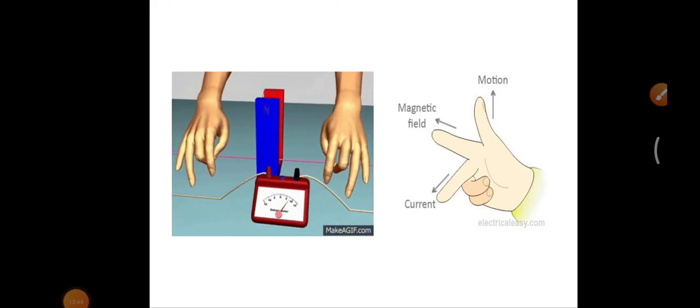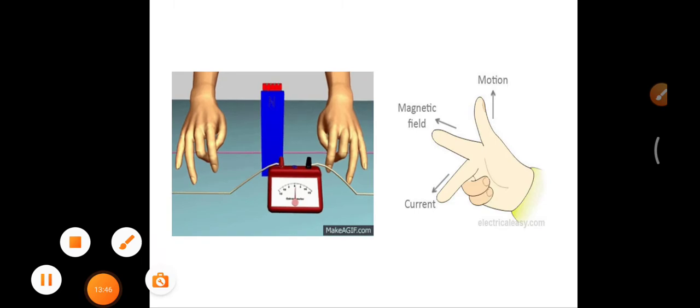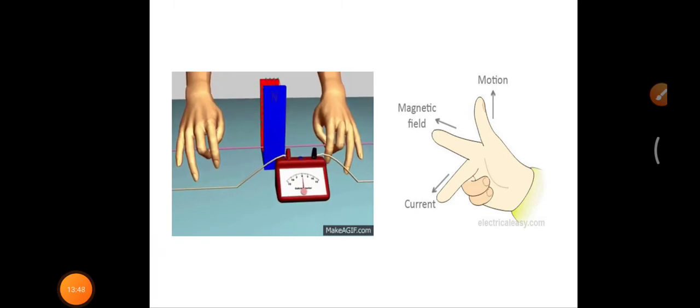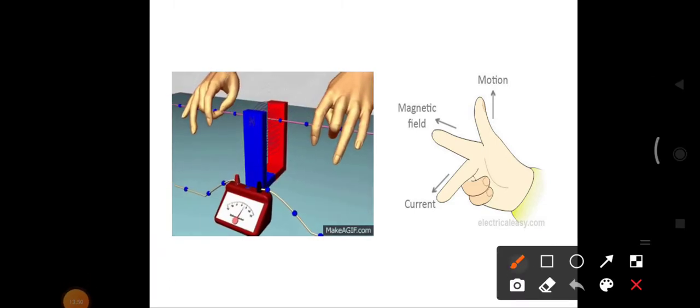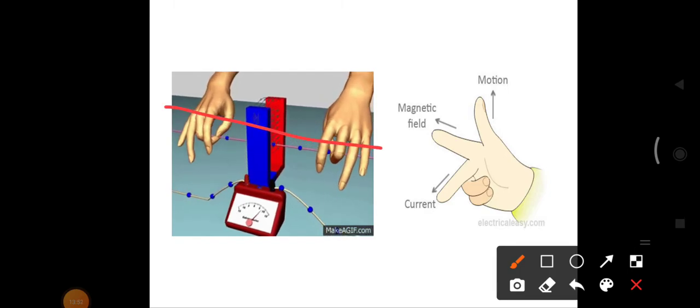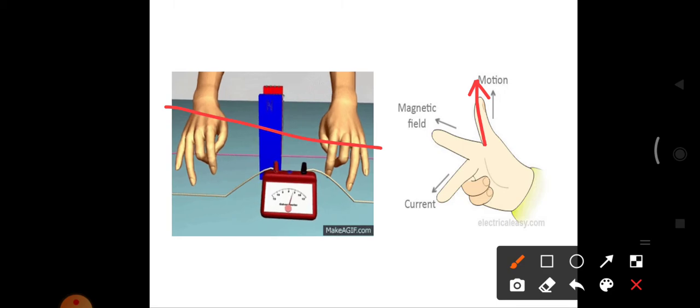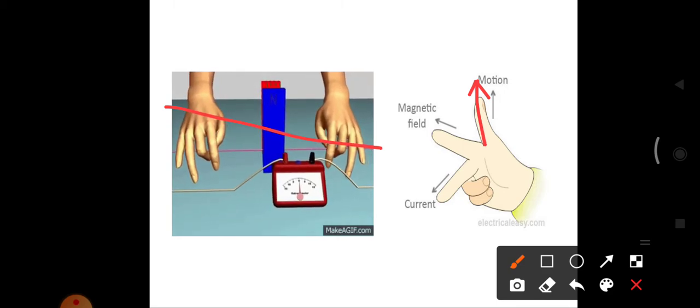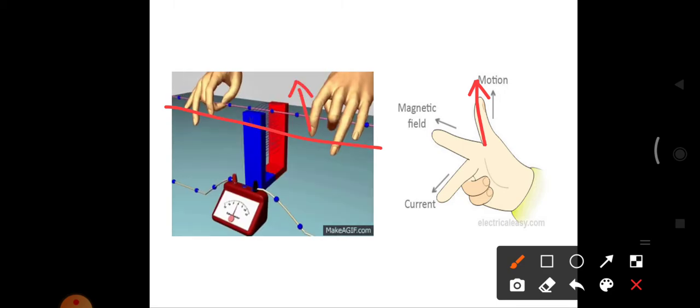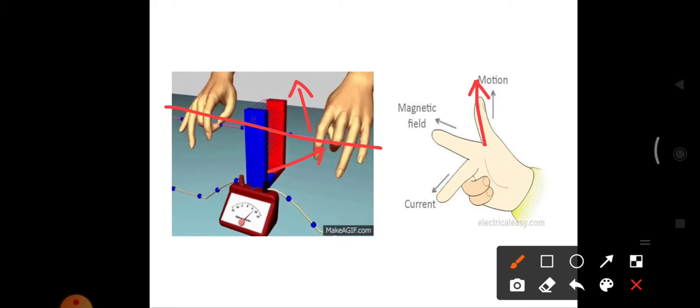So see here, this is the motion of the conductor, so we are moving up and down. So the thumb represents the motion of the conductor. This is the magnetic field, north to south.